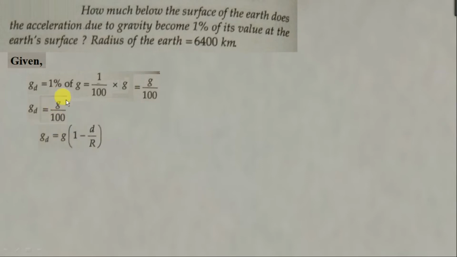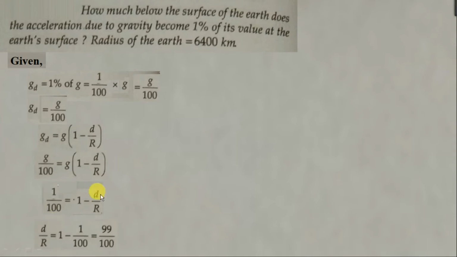Now we know the formula. At some depth the acceleration due to gravity is given by this expression. So now instead of g_d I can use g by 100. So this g and this g get cancelled. I'm left with 1 by 100 is equal to 1 minus d by r. Now I'm taking this d by r this side, it will become positive, and this 1 by 100 will come this side and become negative. So this is 1 minus 1 by 100.